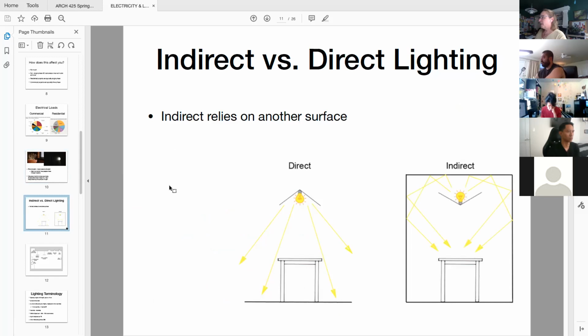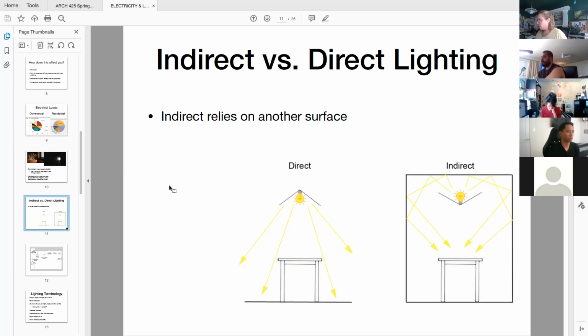The most primary concept in artificial lighting is direct versus indirect. There are fixtures that do one or the other, and then there's a whole slew of fixtures in the middle that can do both. Direct is where the light comes out from the fixture straight and hits a surface.